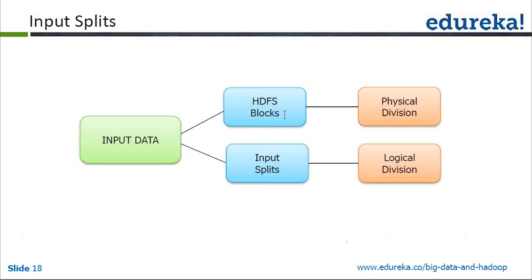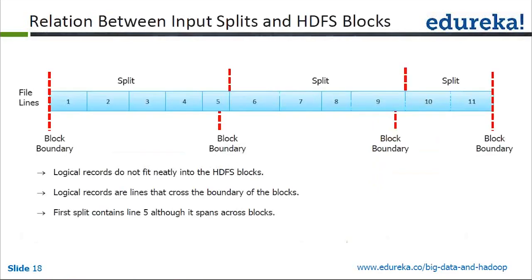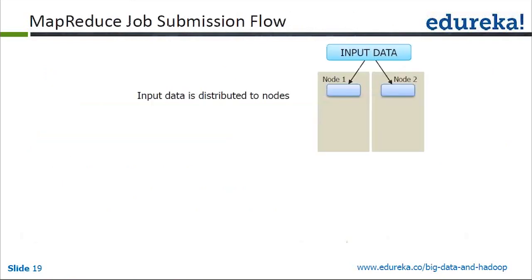HDFS blocks are your physical blocks, the actual blocks that you have on the data nodes, and input splits are your logical splits, how your file is split. This talks about what happens if your input splits and HDFS blocks are not the same size. Then your split spans across the blocks. That's what it's trying to depict.